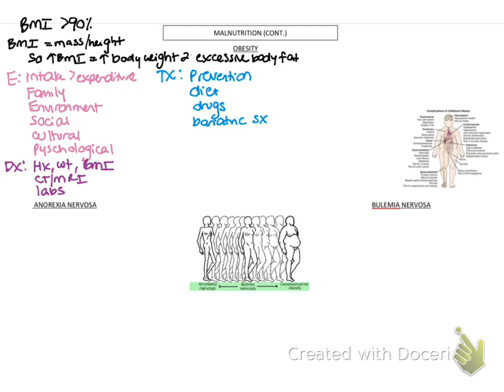Bariatric surgery, we've heard of that, where they go in and basically clip or make the stomach smaller so that they don't intake as much. But there are things that people forget. Alcohol does not take up a lot of space in your belly, but it still has a lot of calories. So a lot of people are obese, not because they necessarily eat a lot, but because they take in calories through other things, like what they're drinking.